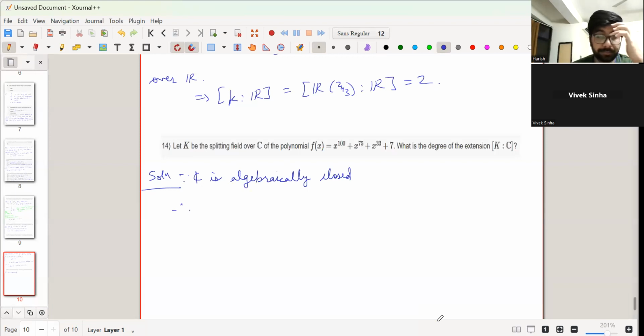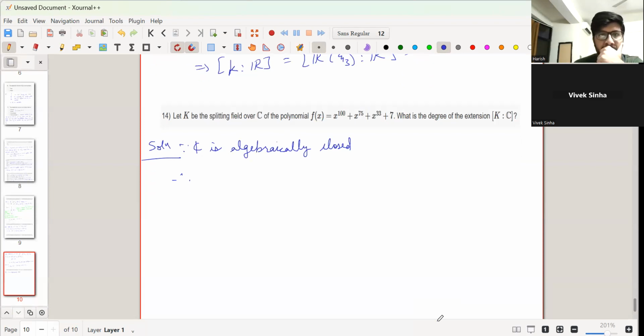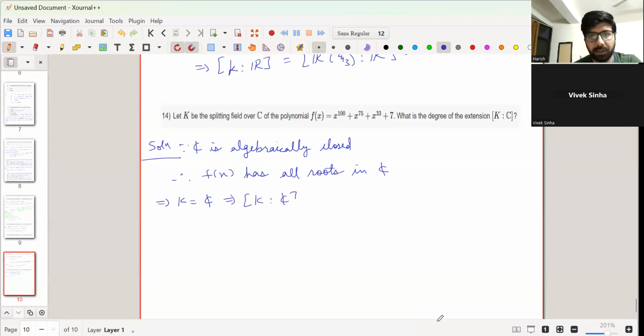Therefore, f(x) has all roots in C only, which implies K is just C, and thus the degree of K over C is just 1. Okay.